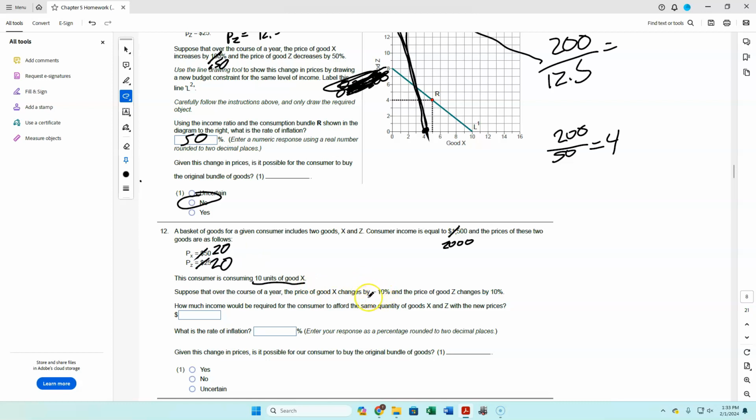Now the price is going down by 10%. So that would mean that it's now going to be $18 for P subscript X. Price of Z is going to change by a positive 10%. So it's now 22.